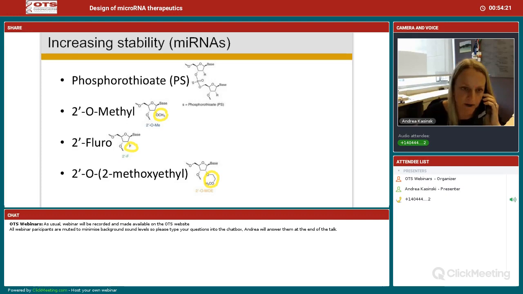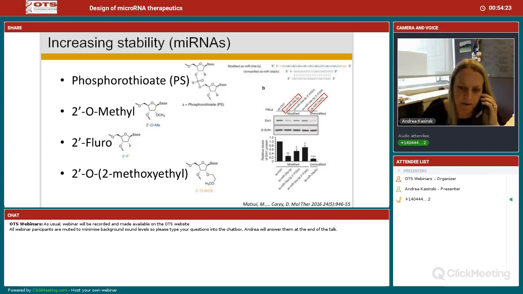And one study that I want to bring out is a study published a few years ago, just to highlight the fact that in this study they had a fully modified version of miR-34a. Each of these nucleotides, the colors correspond to the colors shown here for these different modifications.